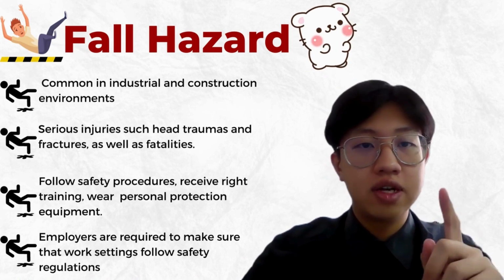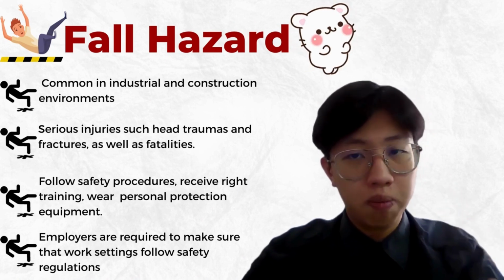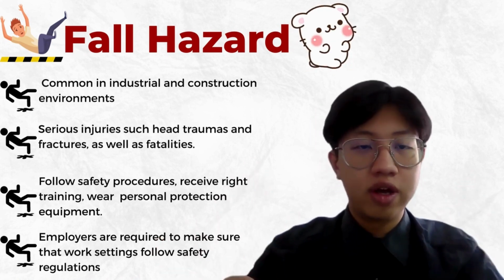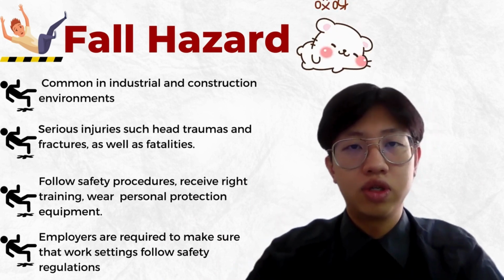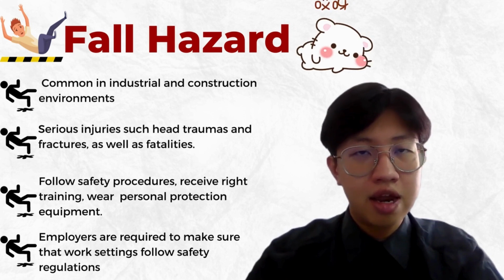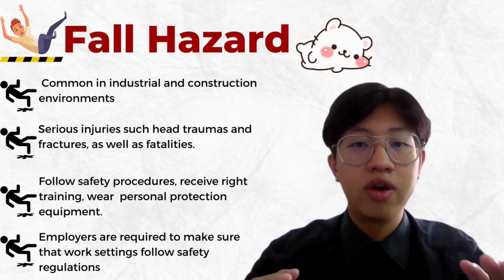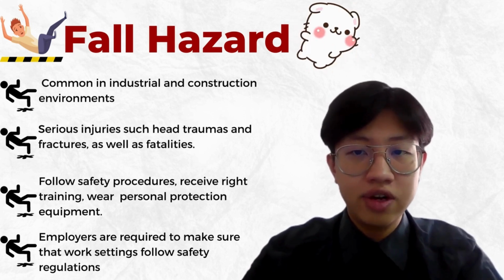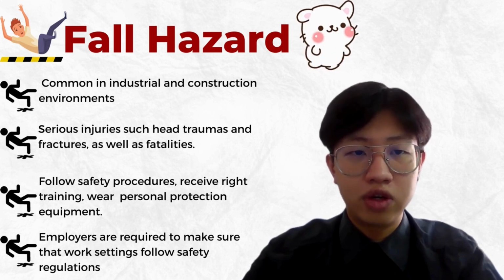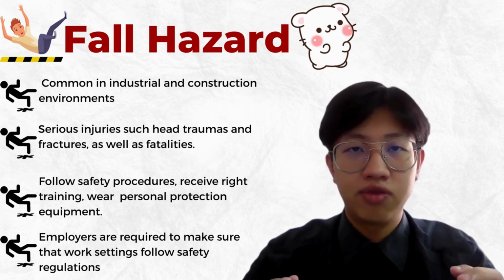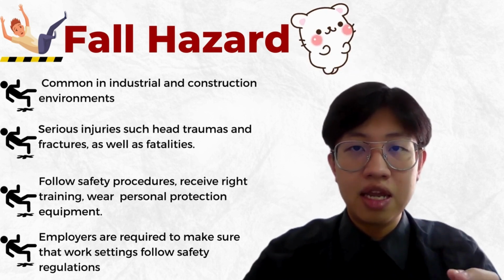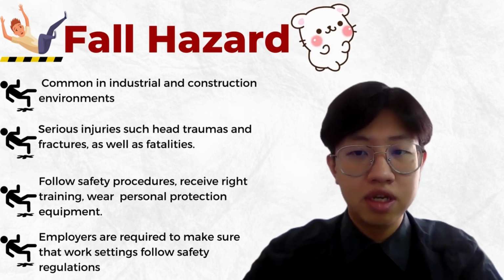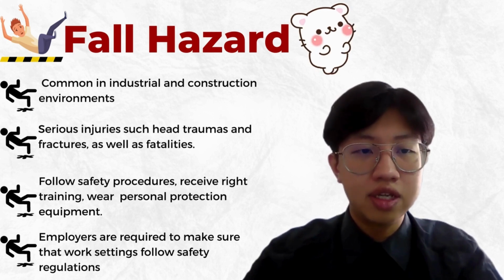We noticed that fall hazard is one of the hazards that may occur in workplace safety. So, what is fall hazard? Fall hazard is one of the common hazards in industrial and construction environments, but they can arise in any workplace with raised area or uneven surface. Serious injuries such as trauma and fractures, as well as fatalities, can arise from falls. Factors such as uneven surface, exposed edge, opening, and inadequate safety measures such as the absence of safety net increase the danger.